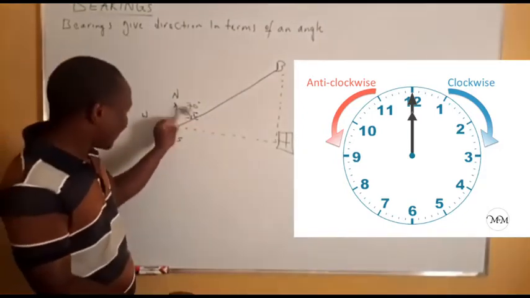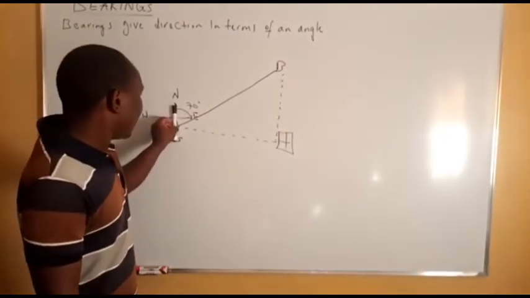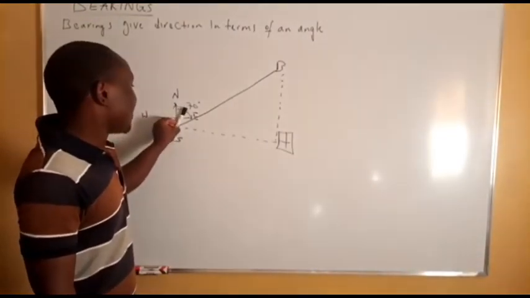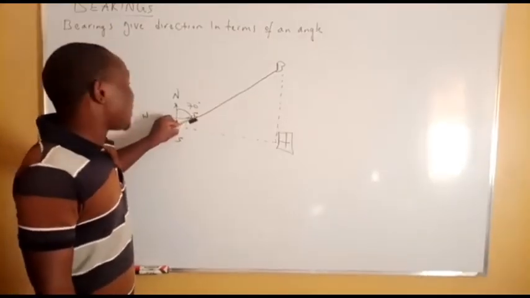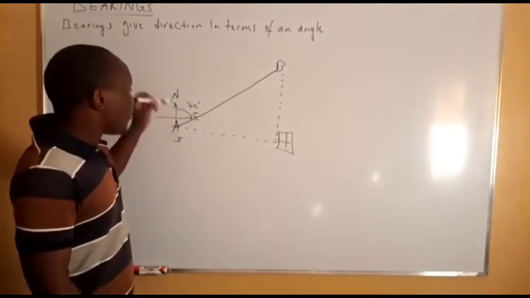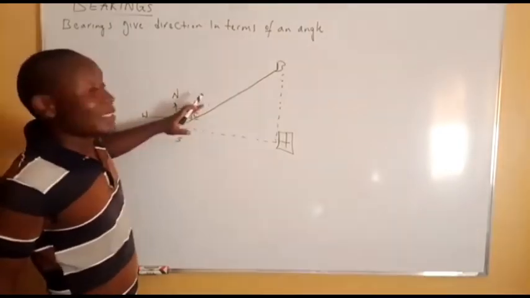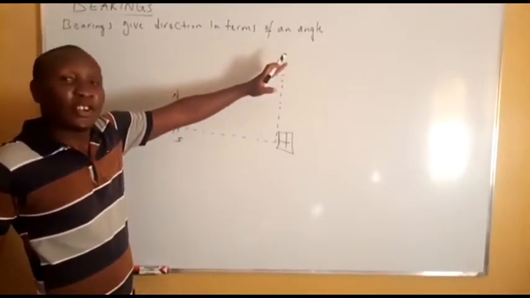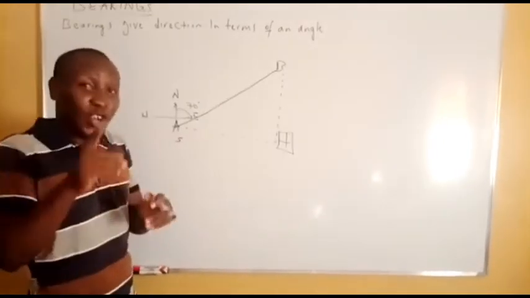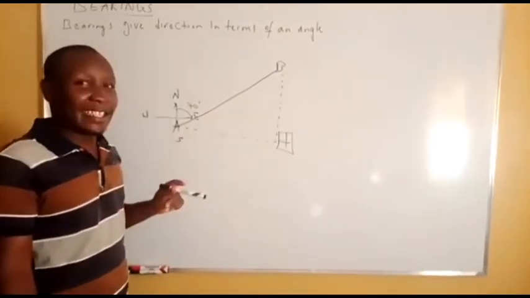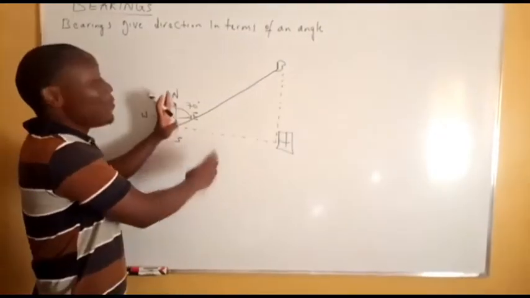So John will turn 70 degrees clockwise, and he will meet this line. Then he can walk straight and he will find town B.